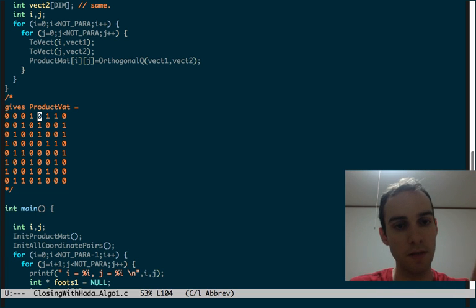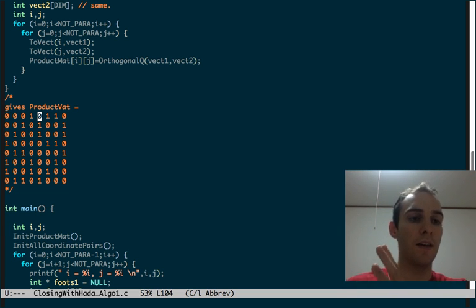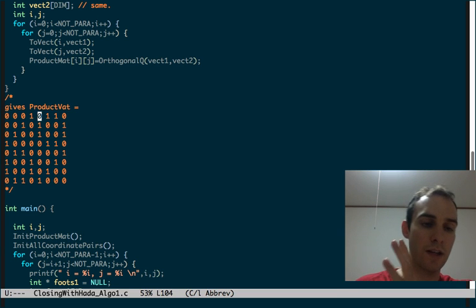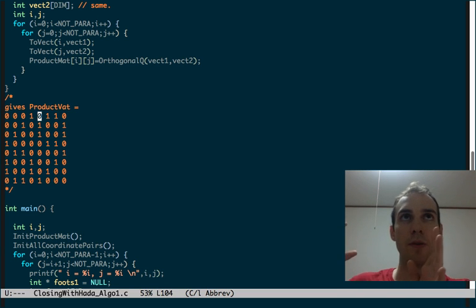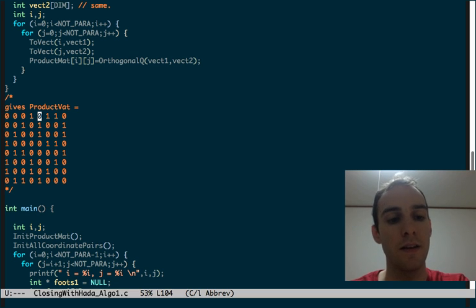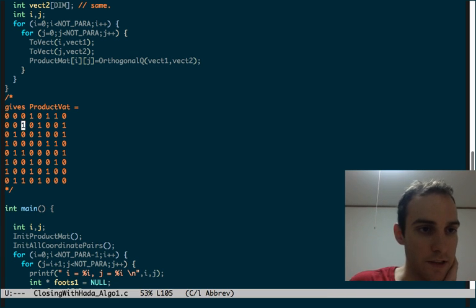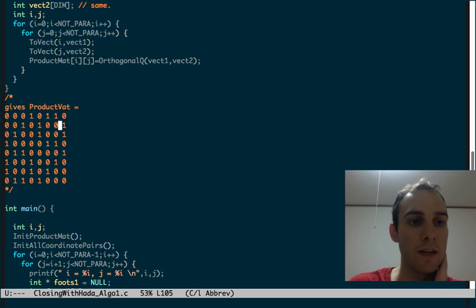So you start with empty footprint, which is null, and then if you see a vector which satisfies all the constraints, you combine the footprint. And so here, for example, you would start with null, and then you would combine the footprint for this vector, and you would combine the footprint for this vector.